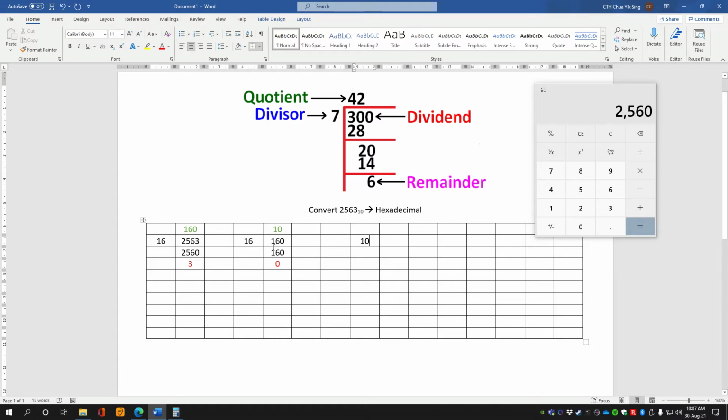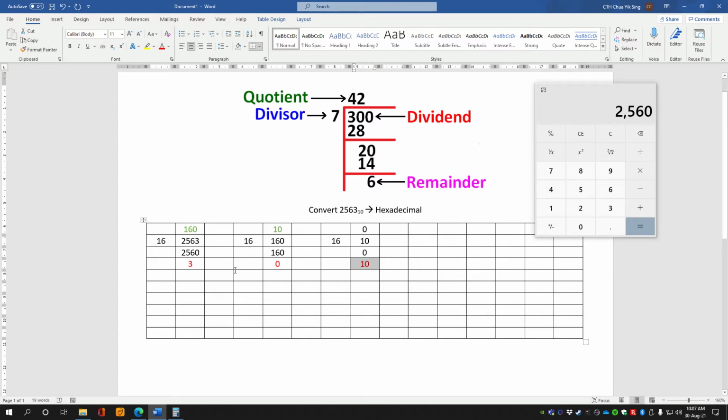And we're going to divide it by 16 again. So notice that the dividend is smaller than the divisor. So this means this is the last time we will be doing this division. So 16 times 0, we will get 0, and then we will get a remainder of 10.